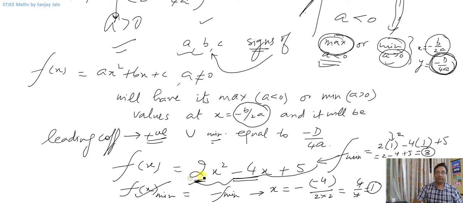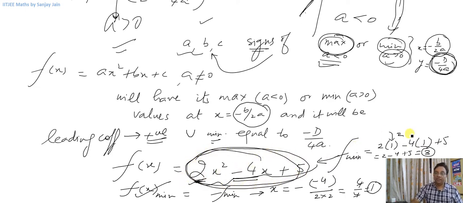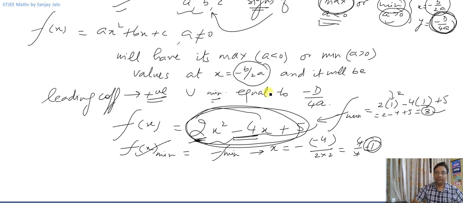So the minimum value of this quadratic polynomial is going to be 3, and it will be at x equal to 1. These kinds of questions can be solved with this knowledge in 30 seconds, let us say. Otherwise, to obtain its minimum value, you will have to convert it into a complete square, or you can do it through calculus.